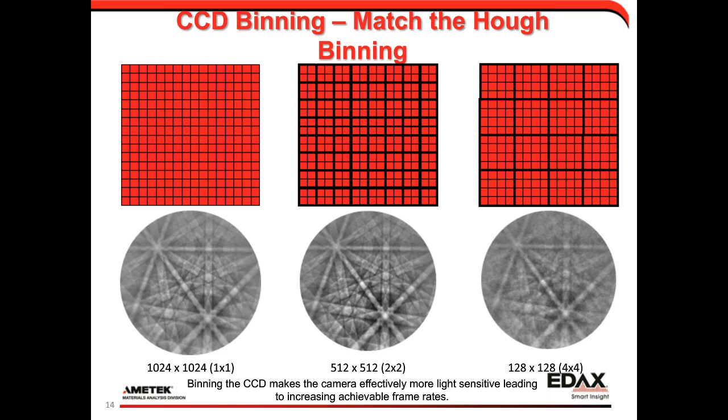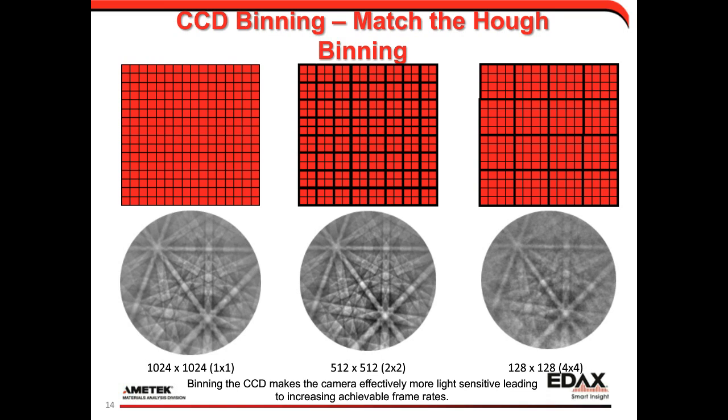So let's say I had a detector that was 1024 by 1024. I have quite a few pixels. I'm getting a high resolution image because each pixel gets just the light from that area. When we do something called binning, I'm grouping a group of pixels together to essentially increase my sensitivity to light. But when I'm doing that, I'm losing the spatial resolution of the pattern.